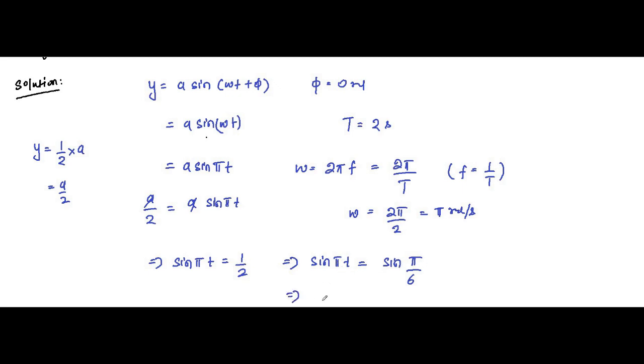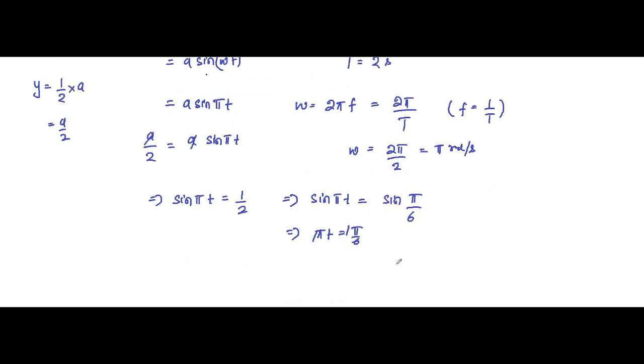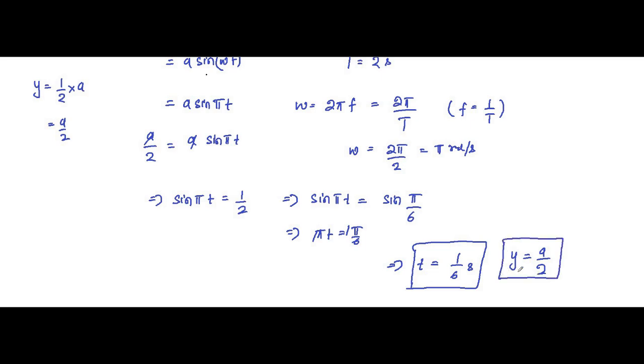That implies pi t is equal to pi by 6, pi gets cancelled, and t is equal to 1 by 6 seconds. So after a time interval of 1 by 6 seconds from the initial time t equals 0, the position of the particle will be exactly at half of its amplitude, the maximum displacement.